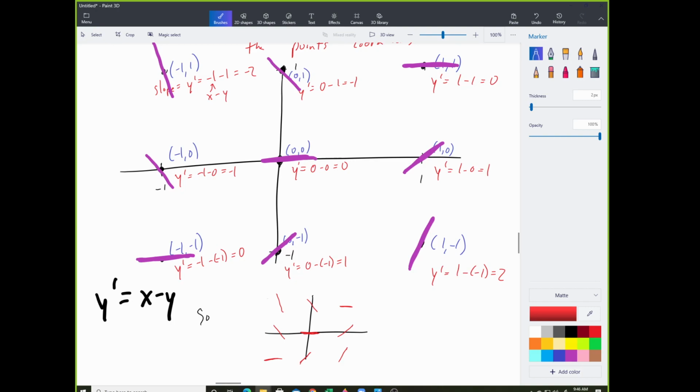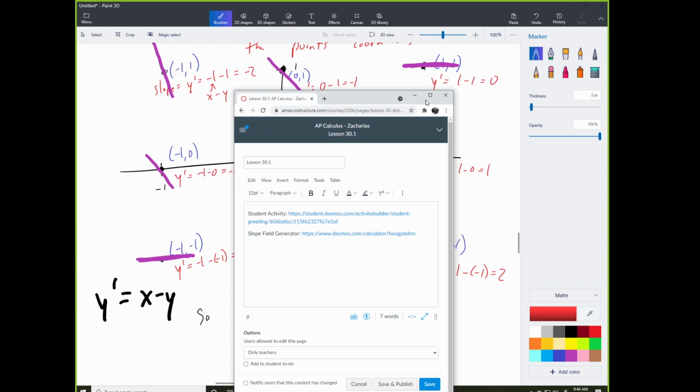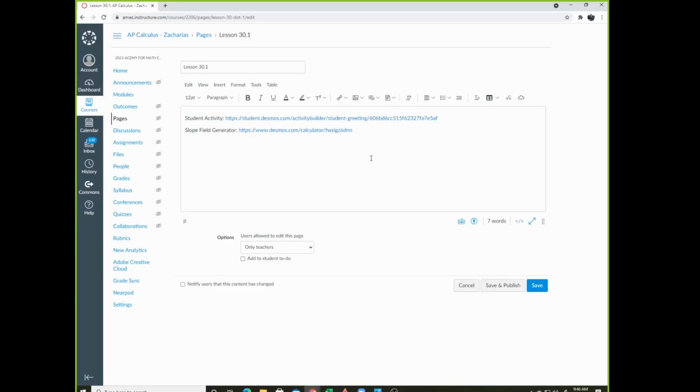This is one reason why I want everybody on a computer. I didn't necessarily make this look pretty because I thought if we were running too far behind, I was going to put this into your homework. But I want you to go... Oh, apparently I didn't save this.